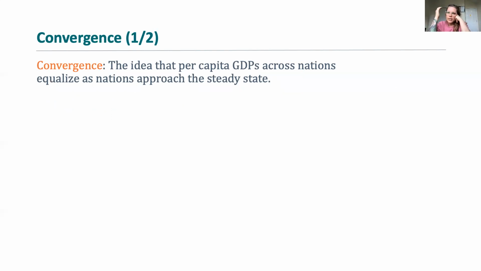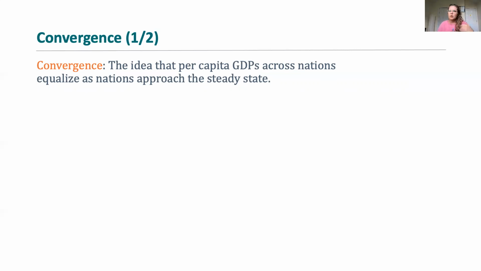The second implication of the Solow model is convergence. This is the idea that per capita GDP across nations would eventually equalize as each nation approaches its steady state, right? So one nation experiences diminishing marginal product, we no longer find need to continually invest because the costs of investment outweigh the benefits that we receive from that investment.